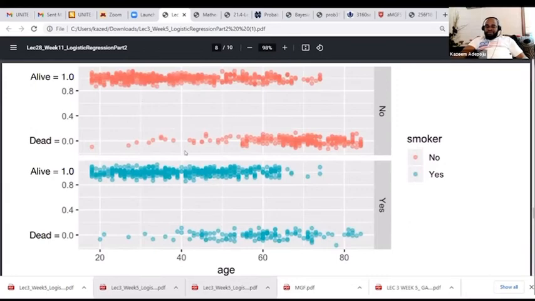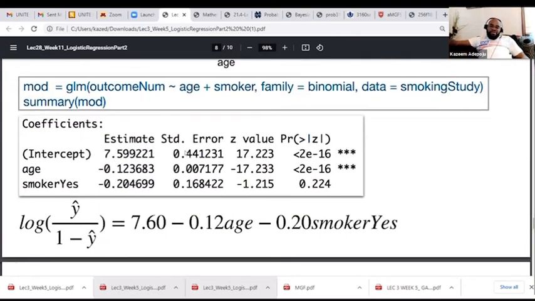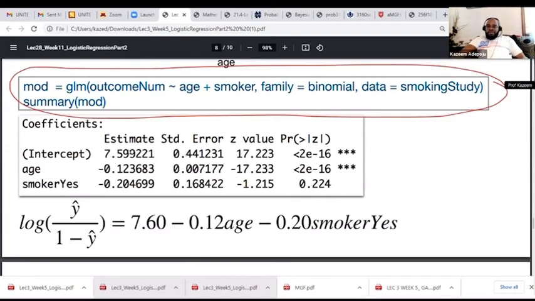How are we going to do this in R? If I have my data set right now, how am I going to implement this in R? I want you to take note of this code. Don't forget, I'm going to write glm. The outcome here is just alive or dead.